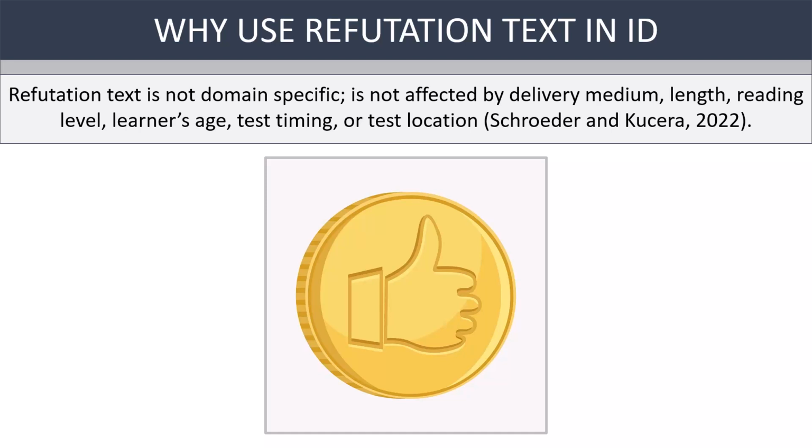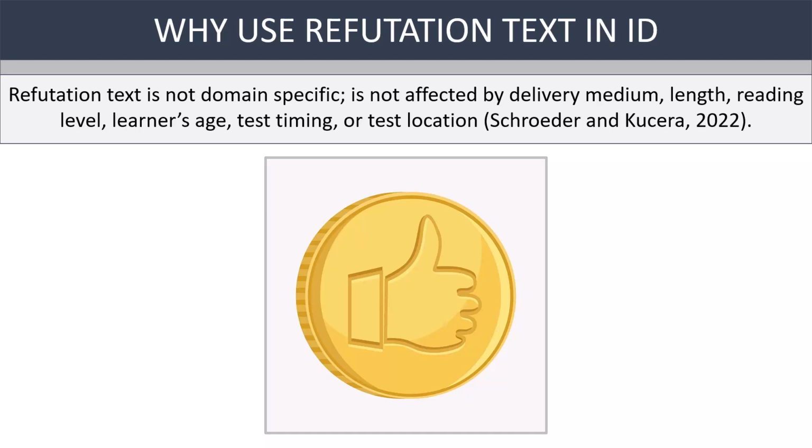Also, refutation text is not affected by the delivery medium, so it's just as effective on paper as it is on screen. Additionally, shorter refutation texts are just as effective as longer ones, and the learner's age and reading level don't negatively affect how well refutation text works. Finally, the effects of refutation text hold up over time, and they are not affected by the testing location.